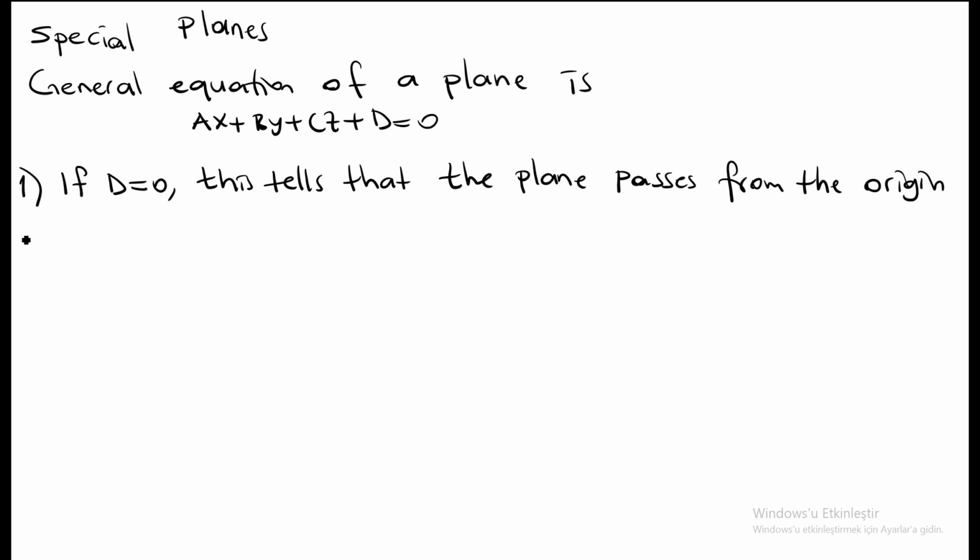Now, the second case: D is 0, the first one is valid, and also A is 0. So it means you have this one, B times y plus C times z equals 0.